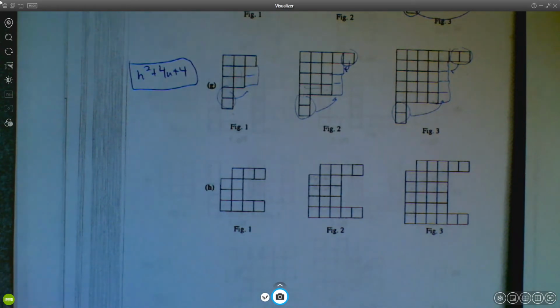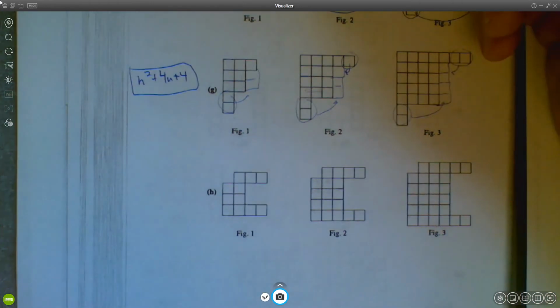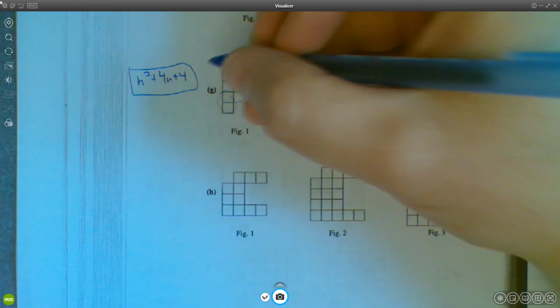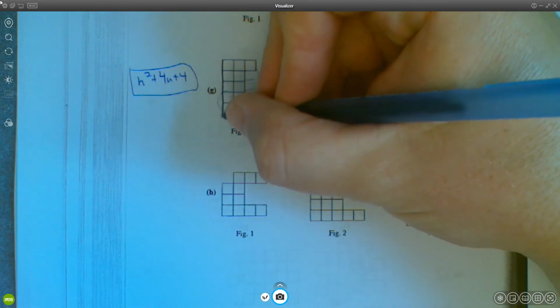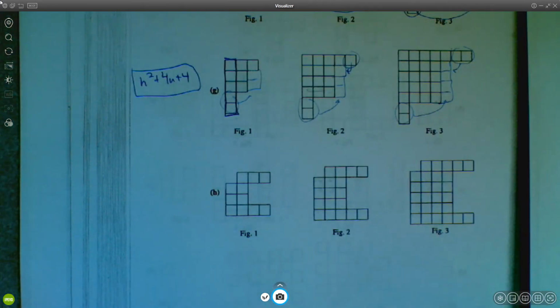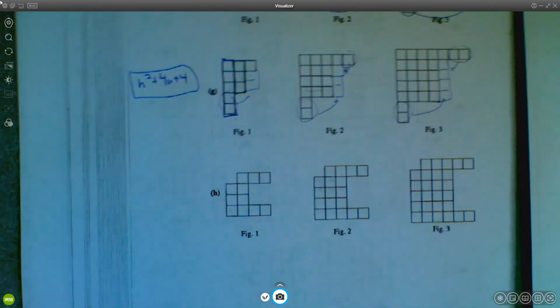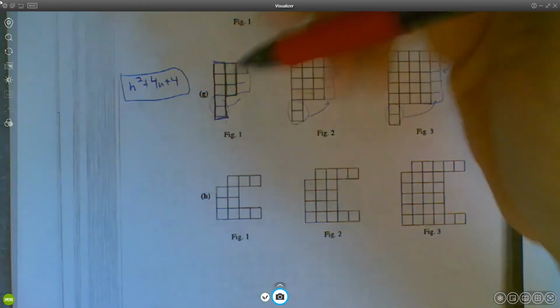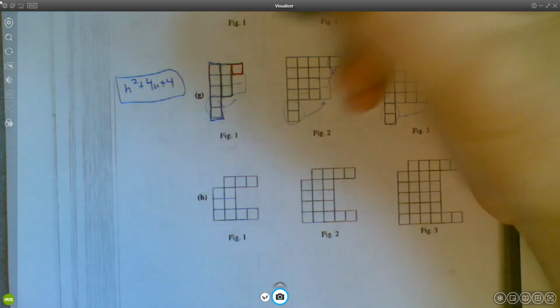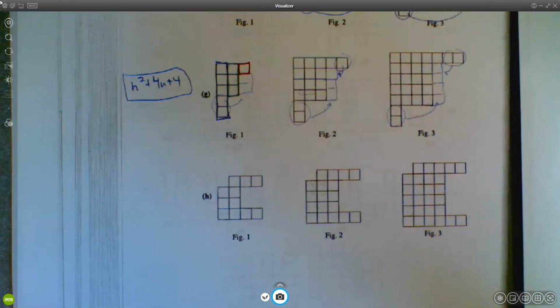Of course, that's not the only way to do this. Let me show you a different perspective. Another thing you could do is group it like this, where I'm counting that as one thing, and then I'm counting this as one thing, and then this as a separate thing. So in this case, it would be 5 plus 3 plus 1.